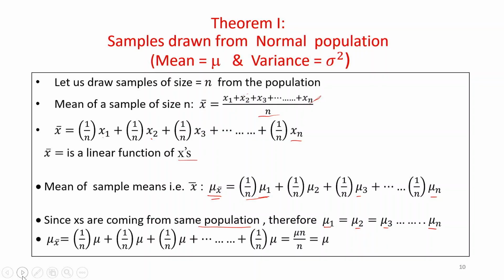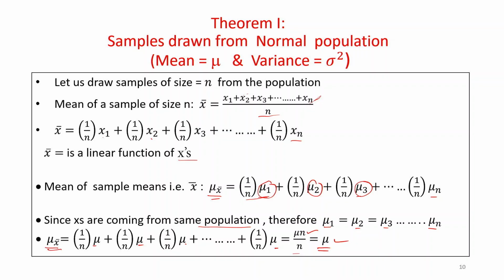Therefore mu x bar can be written as 1 upon n into mu plus 1 upon n into mu and so on, because they are all equal to mu, coming from the same population. So there are n numbers of mu, so it will be mu n divided by n. So it is mu. So mu x bar is going to be mu.